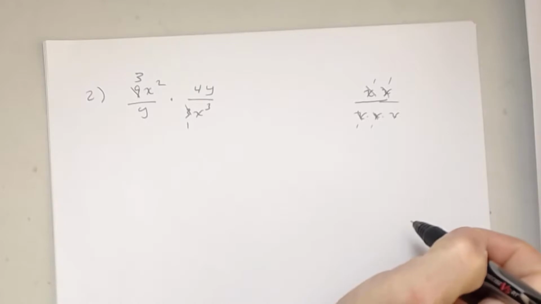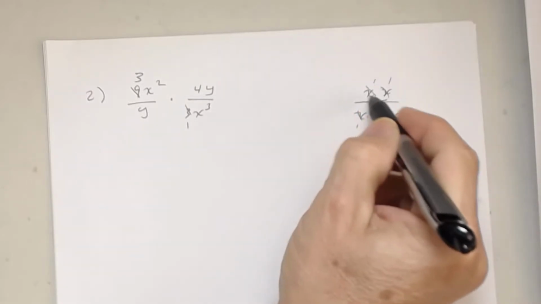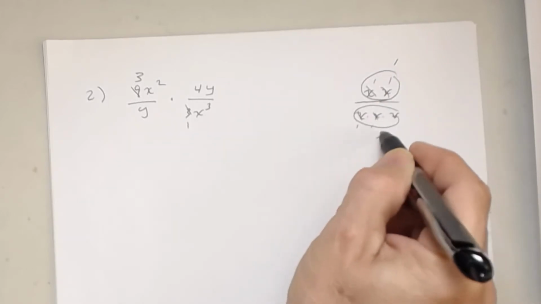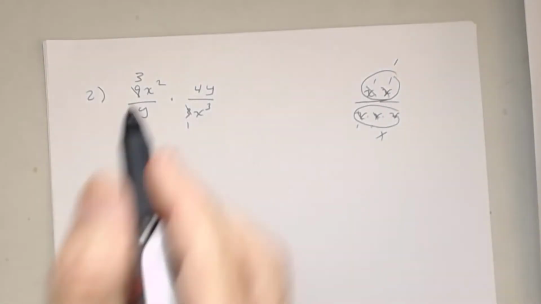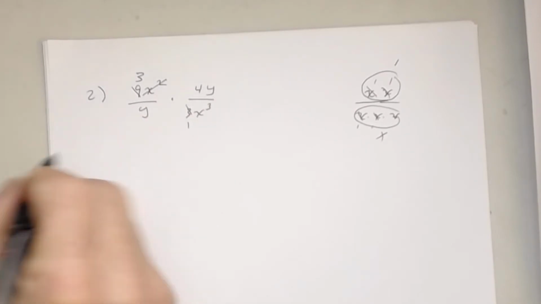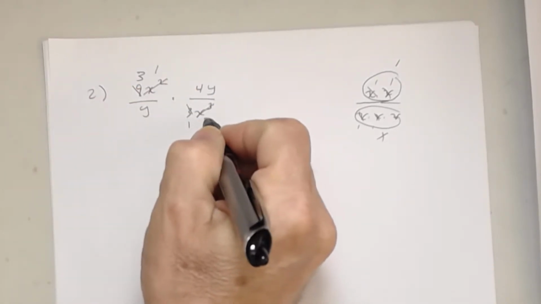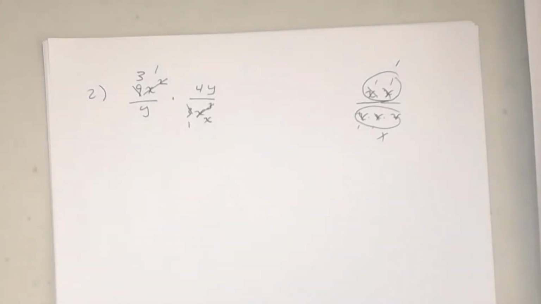You see what I did? What's the numerator? 1. What's the denominator? x. All right, now here's how you're going to do this. So that means that all this becomes what factor? 1. All this becomes what factor? x. Okay, very good. So it's best if you do those like we just did.